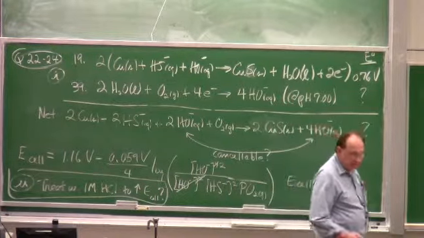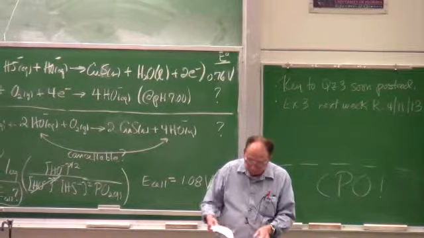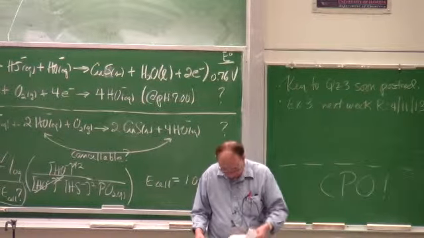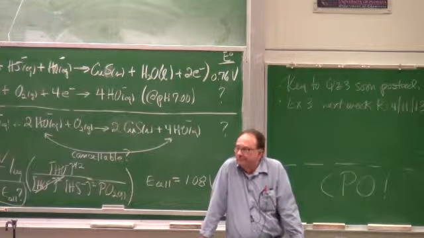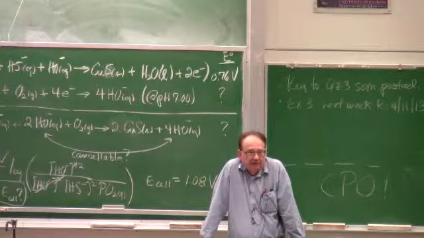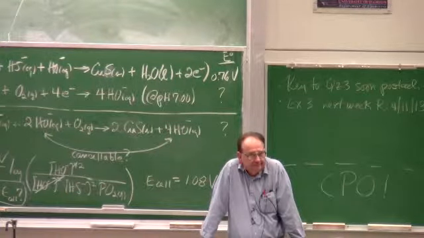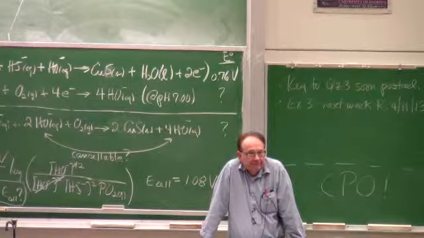Any suggestions? What are the possibilities? What E0 values could be used? Give me the numbers. Read them from the table. 14.